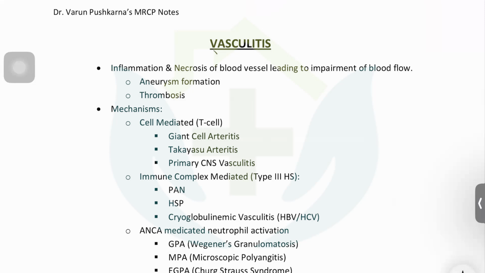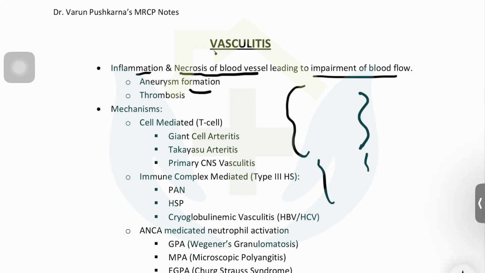So the problem is with the inflammation and necrosis of blood vessels leading to impairment of the blood flow. So it may lead to weakening of the blood vessel wall, aneurysm formation, or formation of a thrombus within the lumen of the blood vessel.